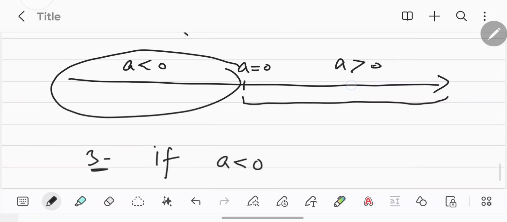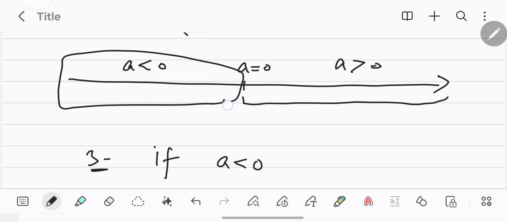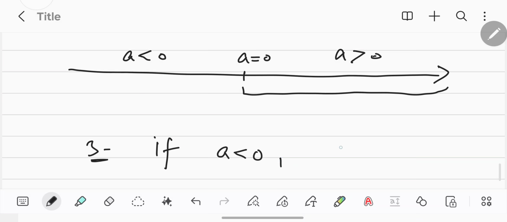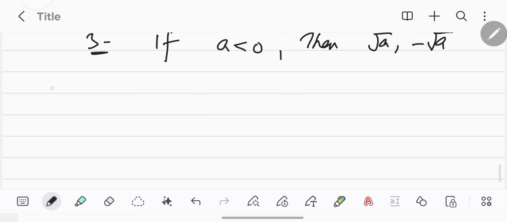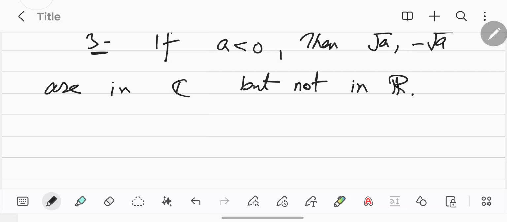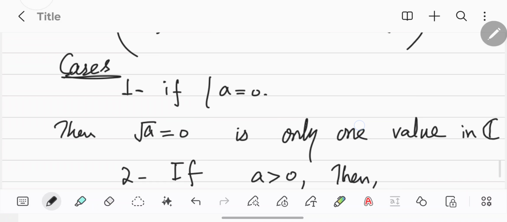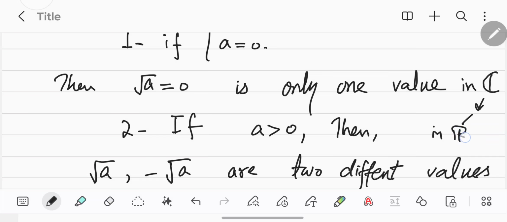If a is less than 0, that means we are on this side, and again we have two different values. Then square root of a and minus square root of a are in C, but not in R. So these are three different cases. In the first case, when the number is 0, its square root is in C, also in R.